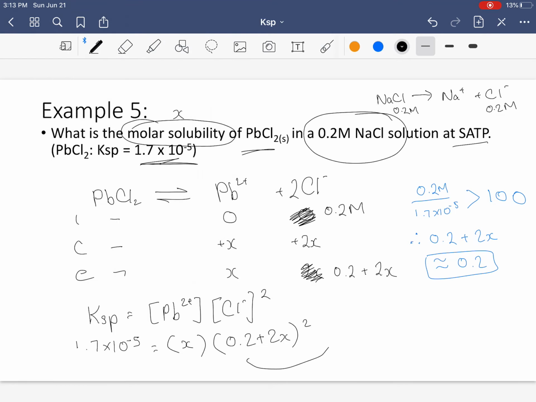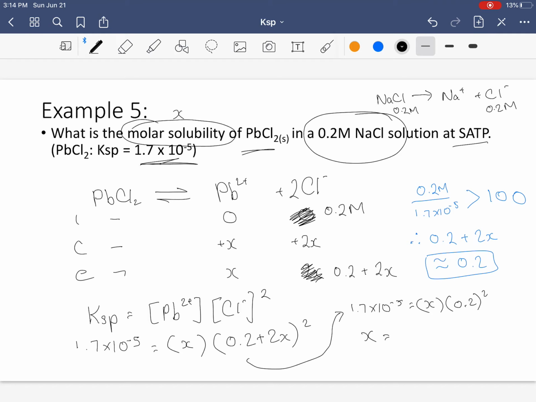What a good review, because I'm not sure if you guys remember that. So let's go back here now. Ksp is equal to x times 0.2 squared, because 0.2 plus 2x is really just 0.2.